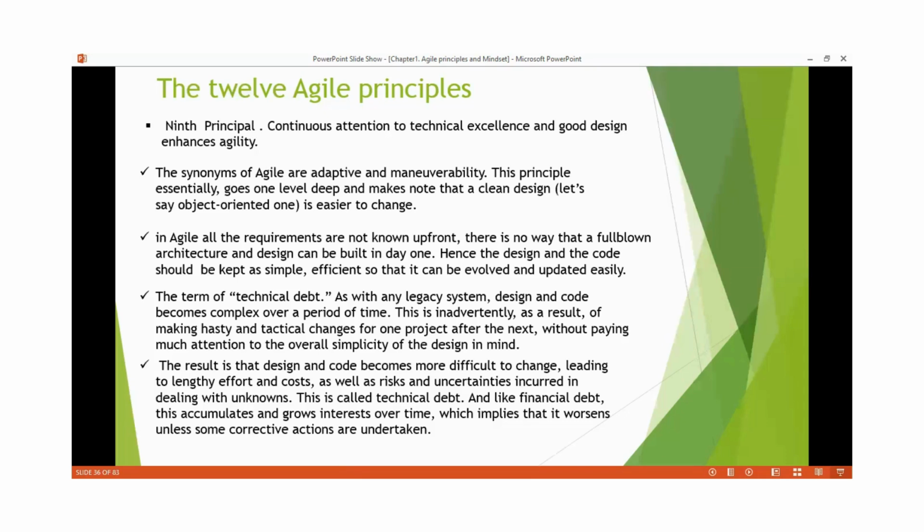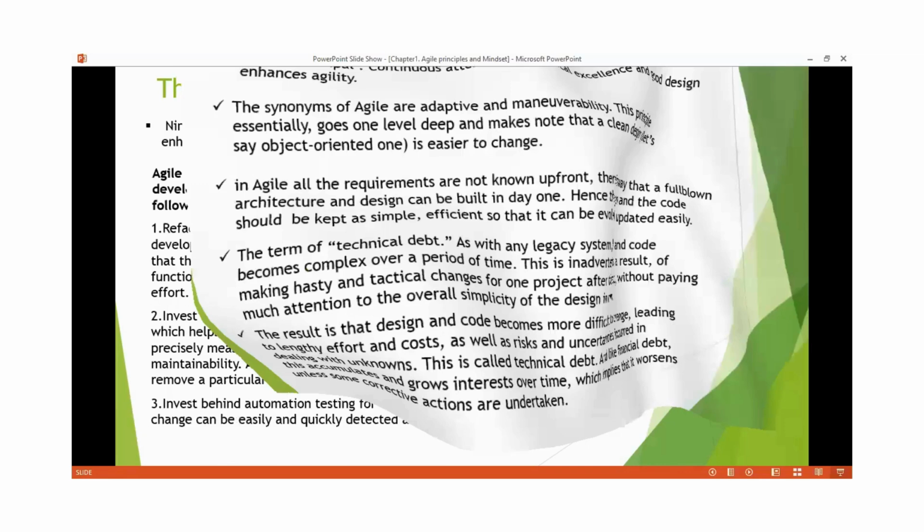So we're eliminating what we call technical debt. You will have well-structured code and a well-structured design. You will also be able to eliminate the financial debt that you might accumulate from technical debt.